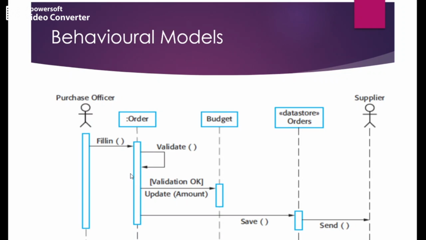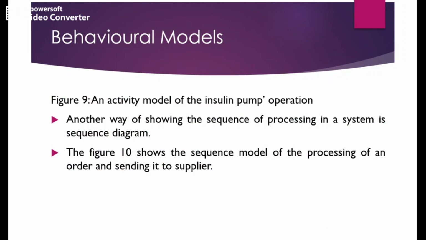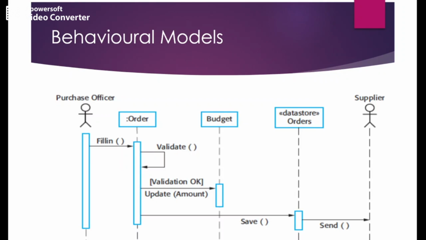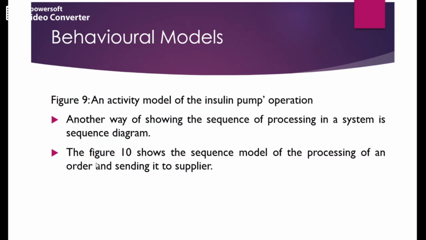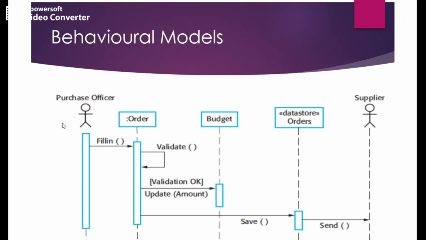Here, look at this activity model. You have the purchase officer filling in the order, he gives the order, then it will validate.